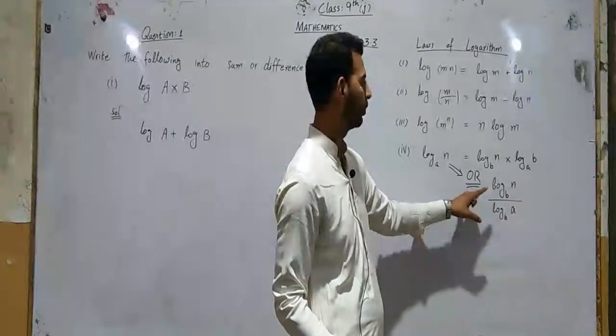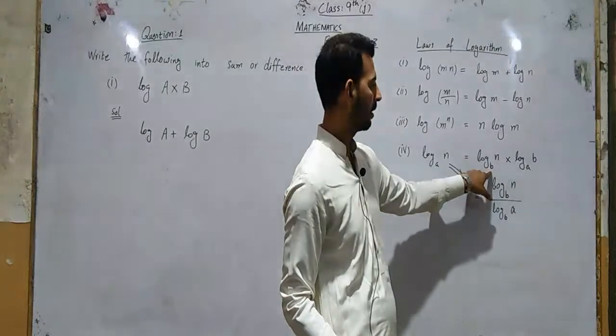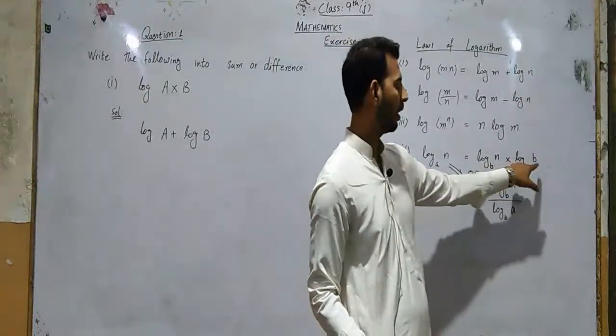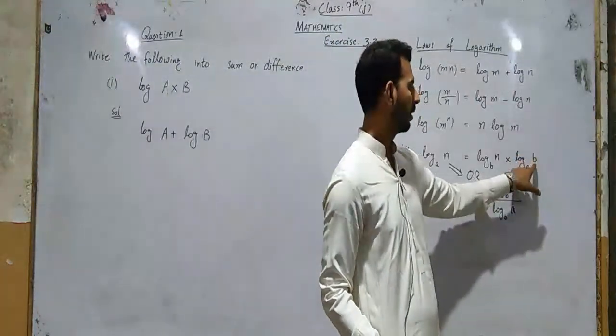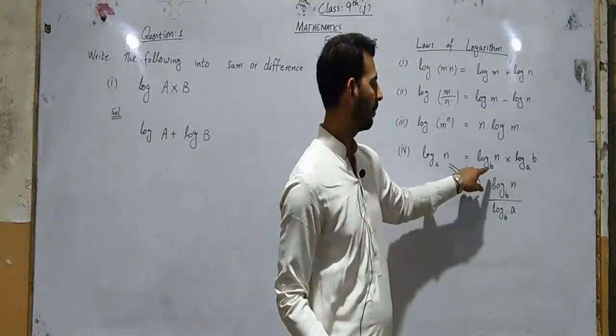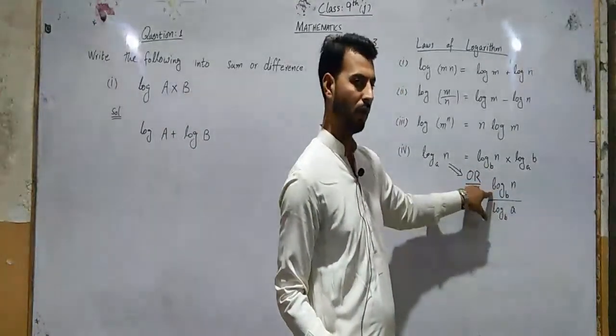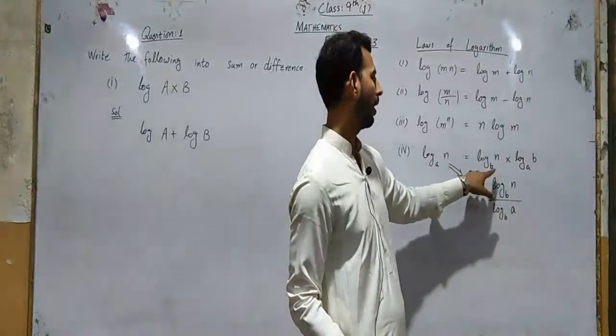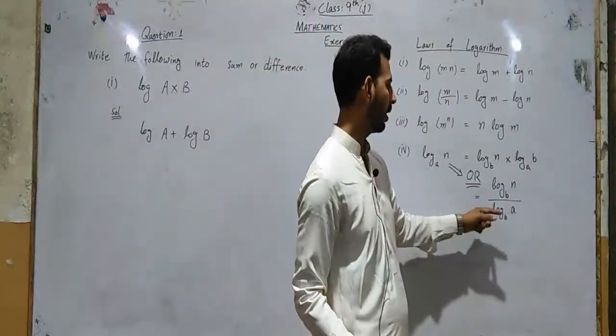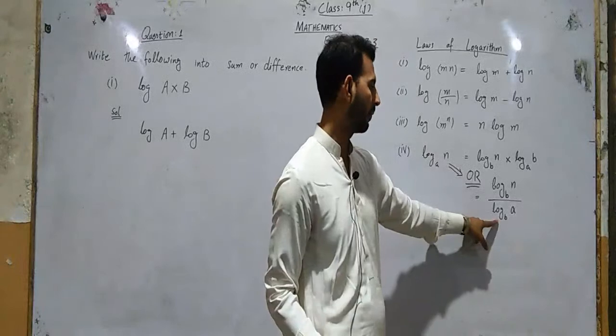So what we do is, if we see the base is the same as the other number, we write the one with that base as the numerator and the other part as the denominator.